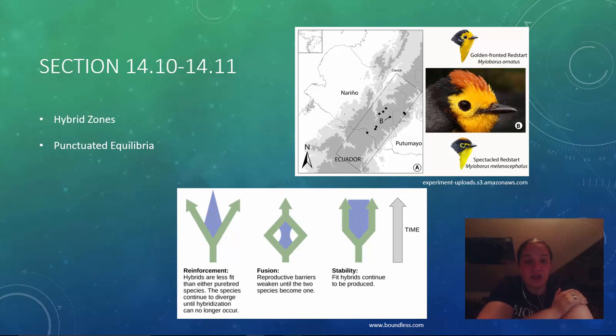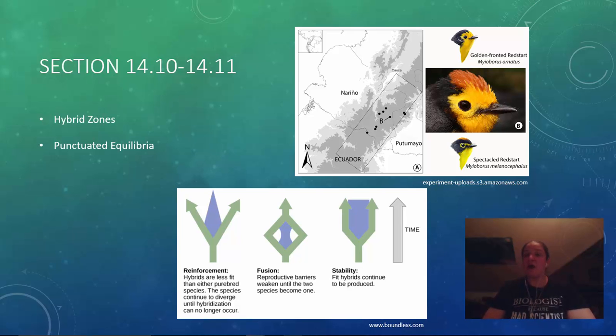So it's showing its hybridized parentage right there in its feathers and on its face. When hybridization is possible, it may be stable. If the hybrids are fit, they can reproduce, or at least they don't cause some kind of disadvantage to the population. We may have a stable system here. Okay, fine. They may not be super common, but they'll continue to occur.